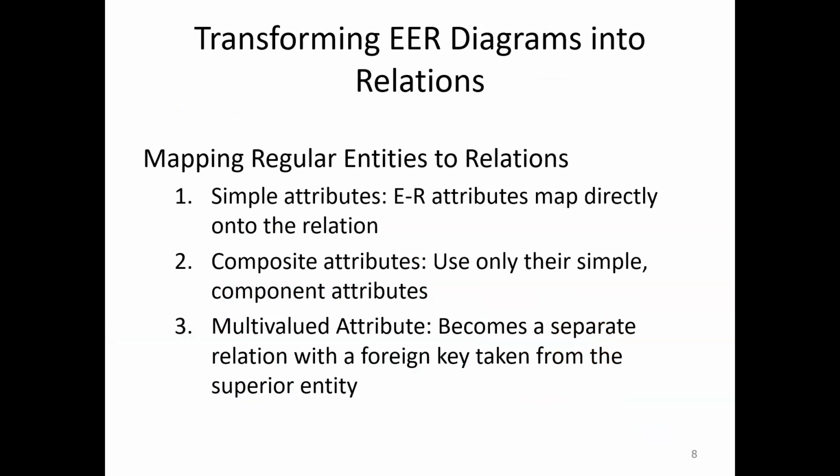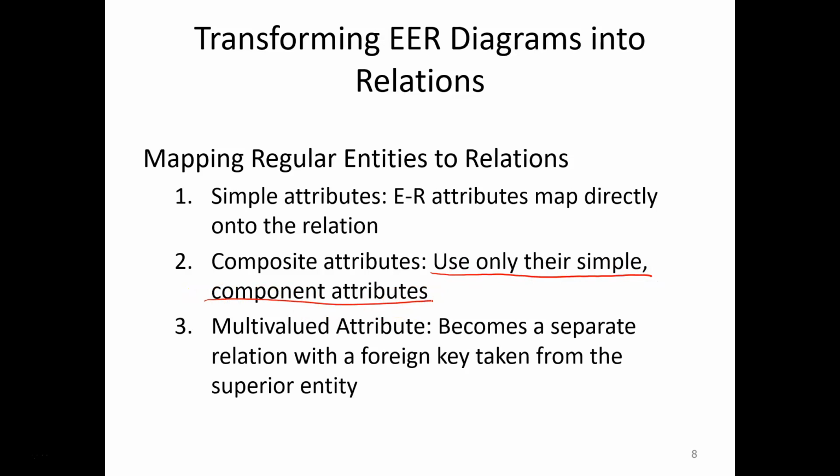More rules about transforming ER diagrams into relations. When you see a simple attribute, like last name, first name, the attribute maps directly onto the relation as a field. And if you see a composite attribute, for example, address, and within address you have street address, city, state, and zip, you use only their simple component attributes.